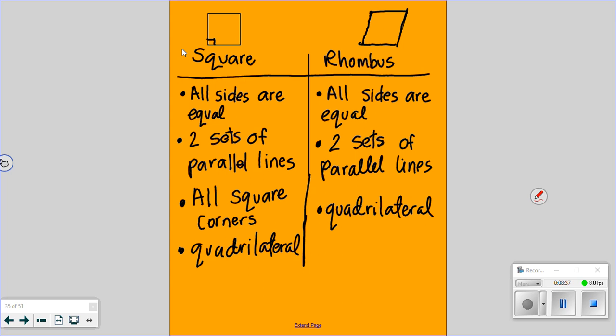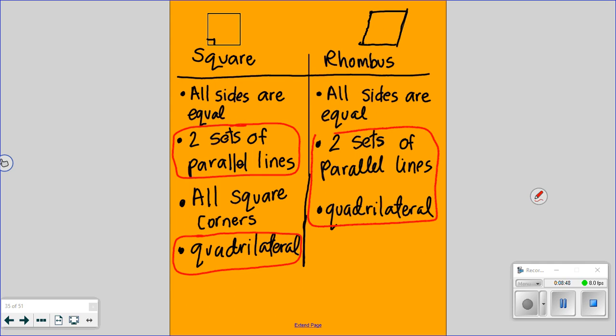There you go. So I want you to circle two sets of parallel lines and quadrilateral. There's two rules to being a parallelogram. Those are them. So Bowen is exactly correct.